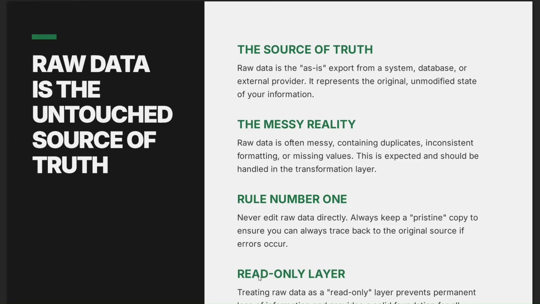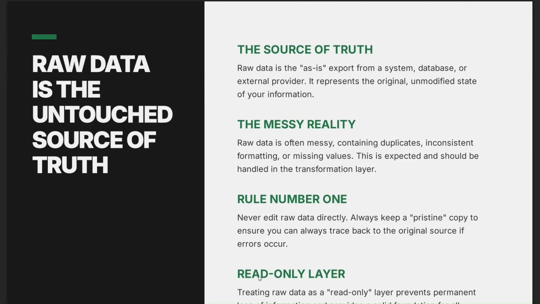It represents the original unmodified state of our information. The reality is that raw data is often messy, contains duplicates, is inconsistent, has formatting issues, and even missing values. This is really expected to happen. This is the norm of raw data, and it should be handled in the transformation layer.